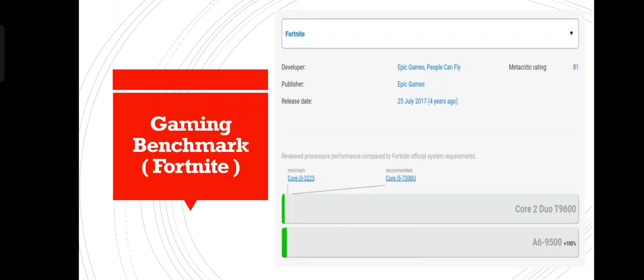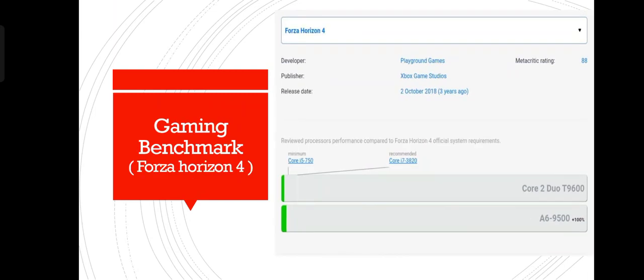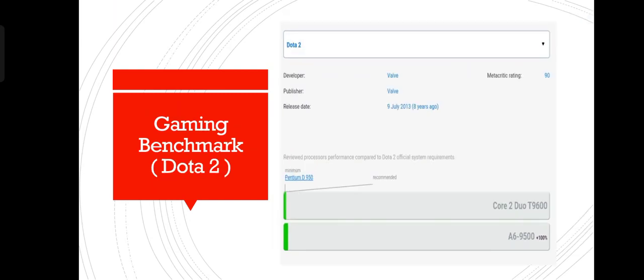Fortnite has a minimum requirement of Core i3, but the scores are also presented. For Fortnite, the AMD A6-9500 got the higher mark. Also in the Forza Horizon gaming benchmark, the A6-9500 also got the higher mark.